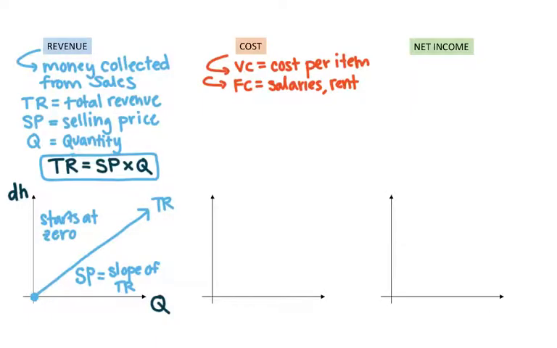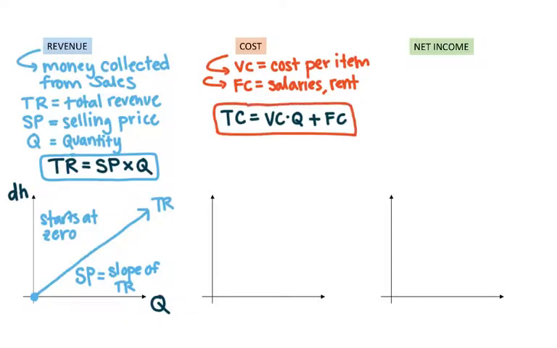So when we write the total cost equation, we do this relationship. Total cost is the variable cost times the quantity plus the fixed costs. So that's the equation we're going to use to describe costs in our business. And if we were going to graph it, again, we put the independent variable quantity on the x-axis, dirhams on the y-axis.